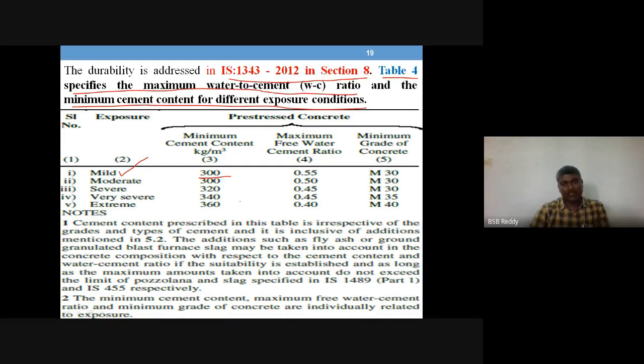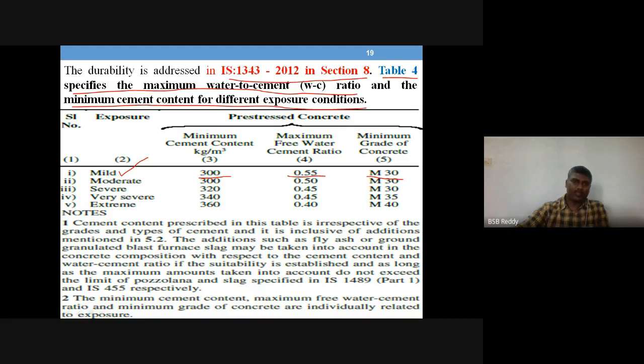Minimum cement content at least 300 kg, and the water cement ratio should not be more than 0.55. You cannot design a concrete mix with a water cement ratio of more than 0.55, for a grade of concrete M30.